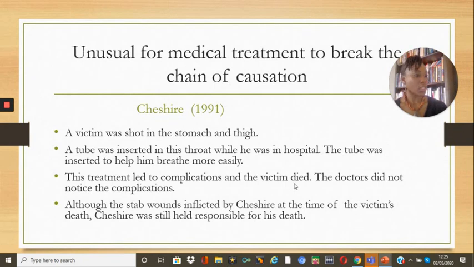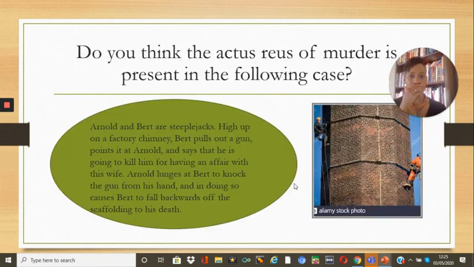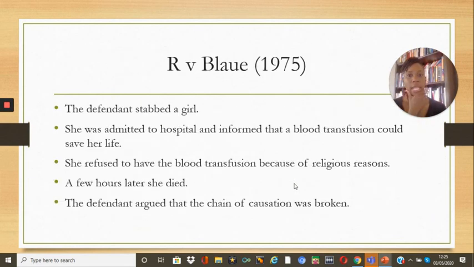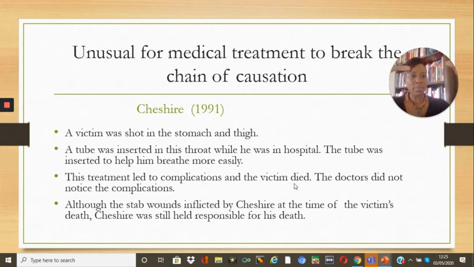They weren't life-threatening, yet he was still held responsible for the victim's death. So you can see the court was reluctant to break the chain of causation, even though it was shown that the wounds weren't life-threatening. The court said the chain of causation was not broken.